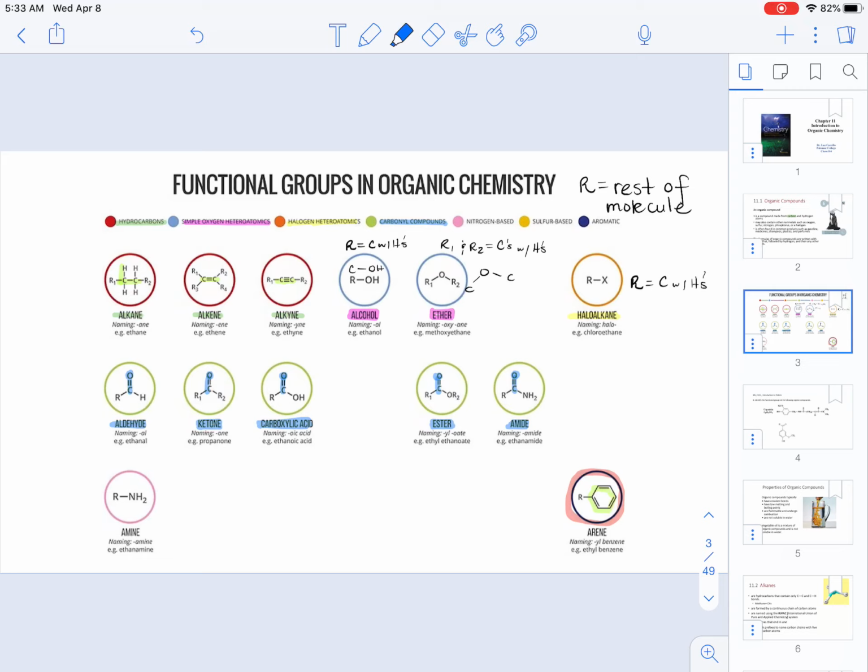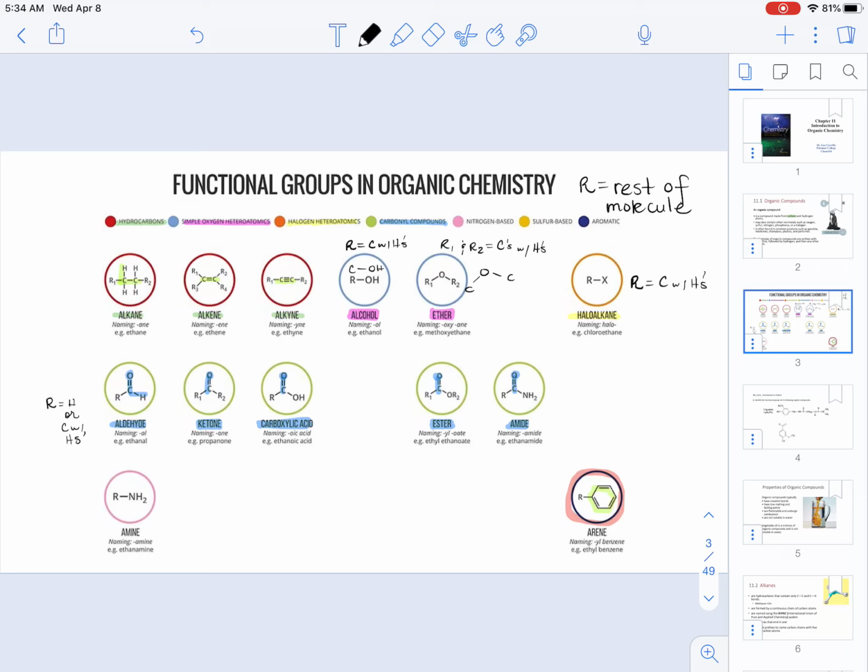Now, understand that in order for us to have an aldehyde, which is the first member, that C double bond O has to be single bonded to hydrogen on one side. The other side, so the R group here can be hydrogen or carbon with hydrogens.